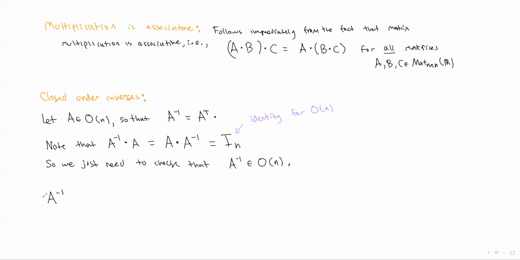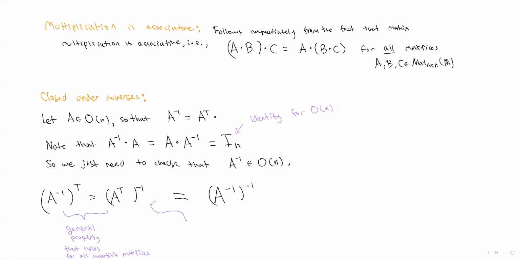So A inverse transpose is equal to A transpose inverse. This is a general property that holds for any invertible matrix. And for the next line, I'll actually use the fact that A is in O_N. So this is equal to A inverse inverse.